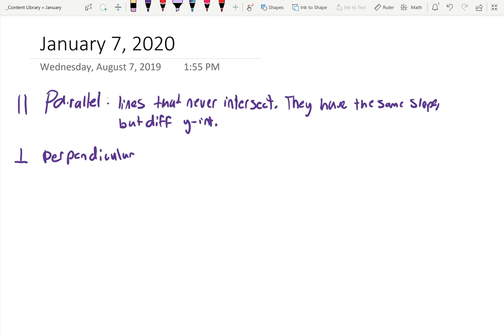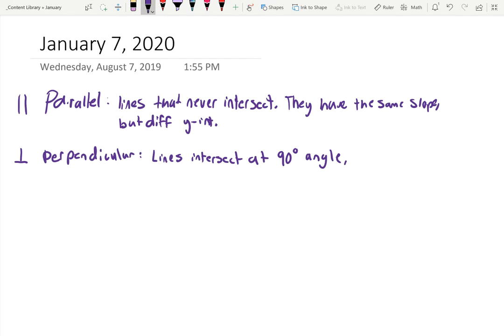Perpendicular lines intersect at a 90-degree angle, kind of like a plus sign. These lines right here are perpendicular, where they form a 90-degree angle.